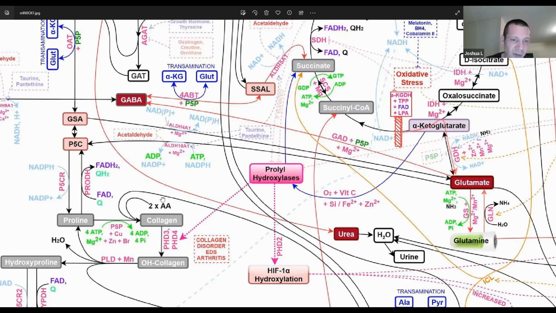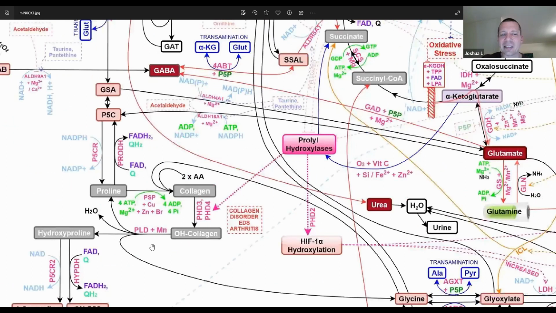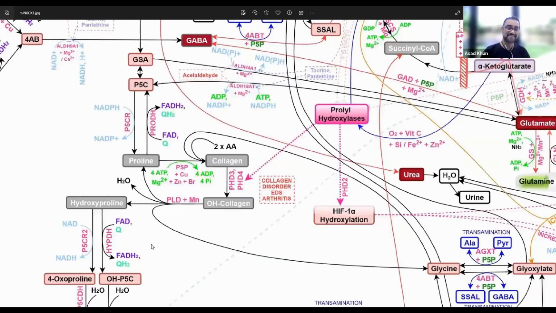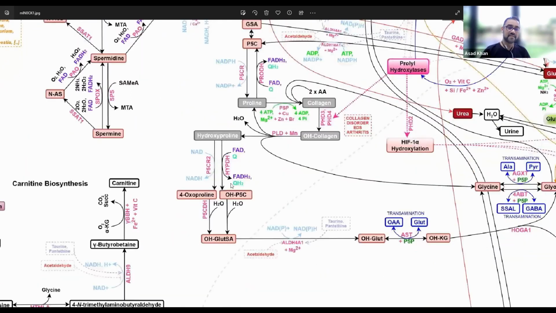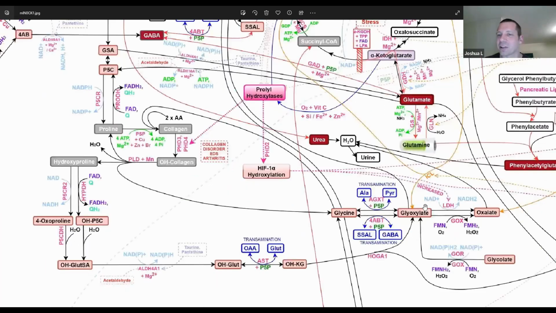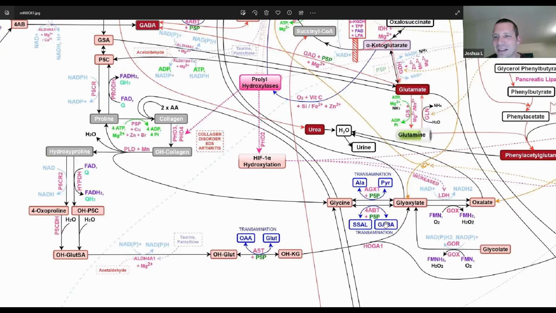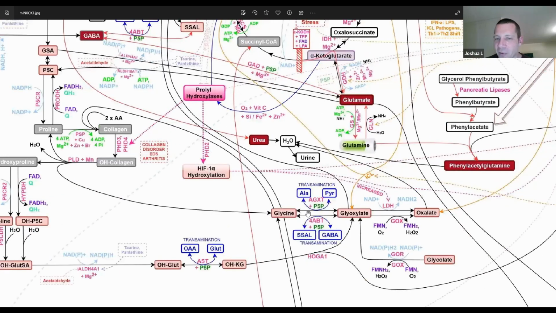So that's yeah. And just in case that wasn't enough, hydroxyproline, that degradation pathway ends up feeding back into the glyoxylate. So depending on the state of hypoxia-inducible factor 1-alpha, and depending on the level of P5P, when hypoxia-inducible factor 1-alpha is stabilized, it actually increases the lactate dehydrogenase.